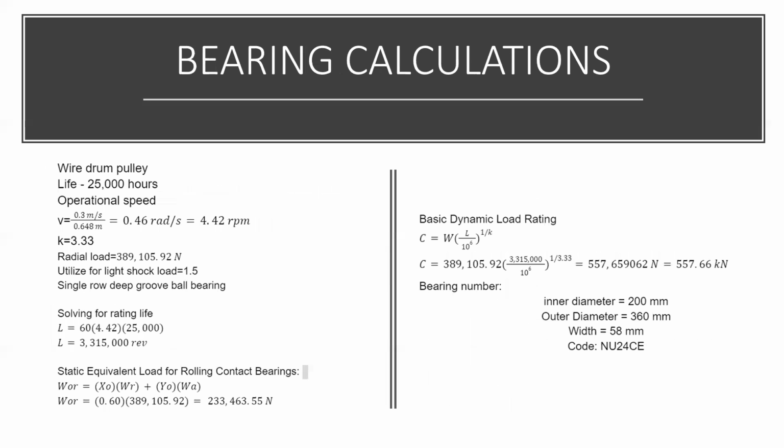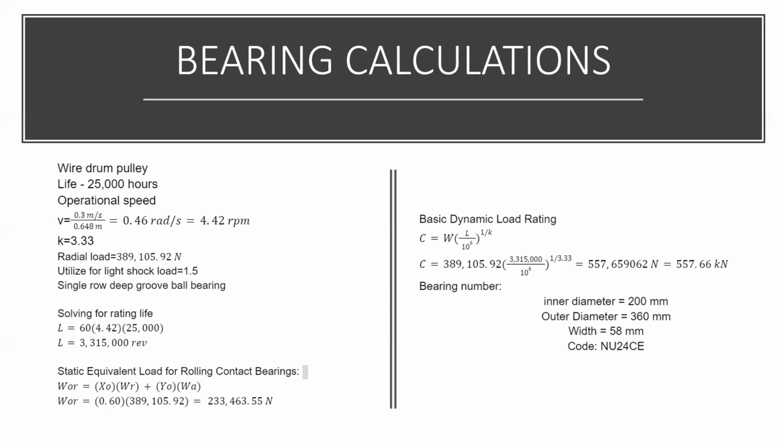For the bearing calculation on the wire drum pulley, we chose a life of 25,000 because the machine that is created is for the cranes for bulk goods, and it is usually for the engineering industry.